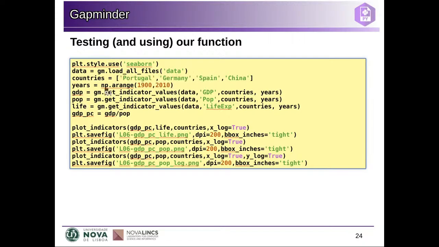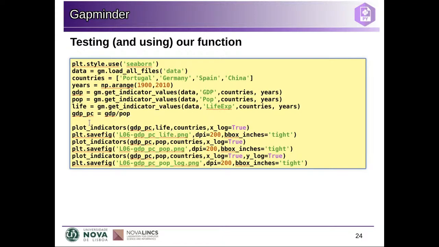This is the get indicator values function we saw in the last lecture. We extract these indicators from the data dictionary, specifying the different indicators. So now we can compute the gross domestic product per capita by dividing GDP by population.